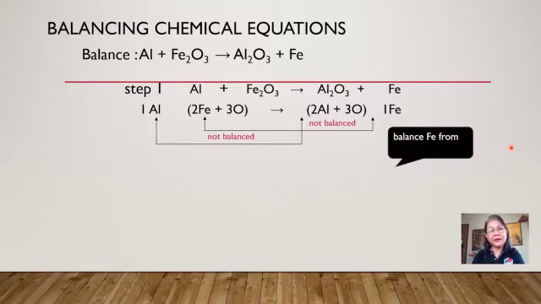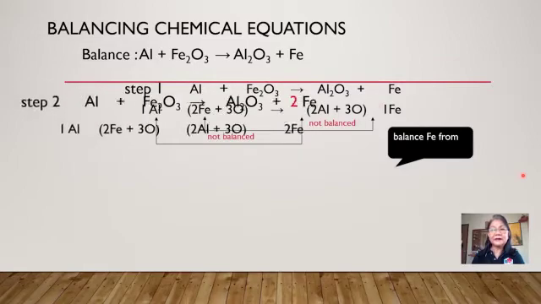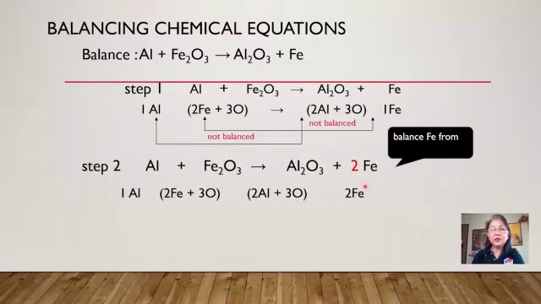So we pick up ferric oxide as our complex formula. If there are 2 iron in ferric oxide here in the reactant, then we place the coefficient 2 for iron in the product. So we are done with iron, okay? Next, let's take a look at the other unbalanced element, and that is aluminum.